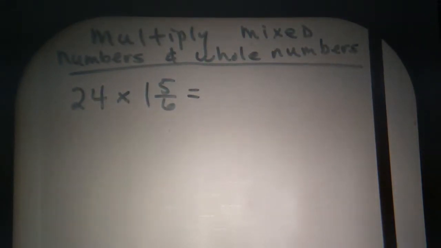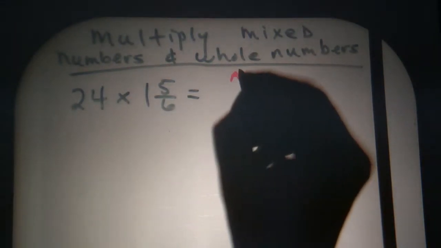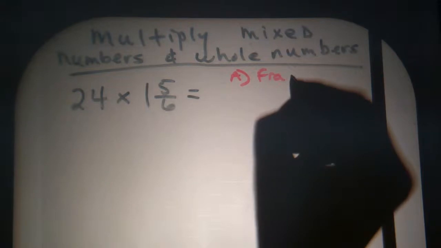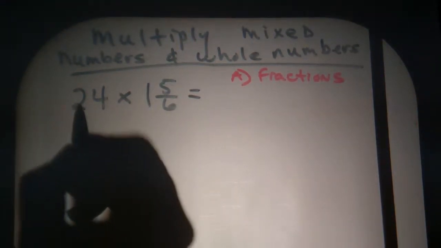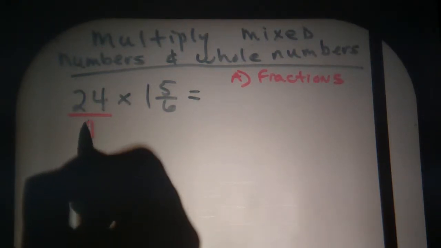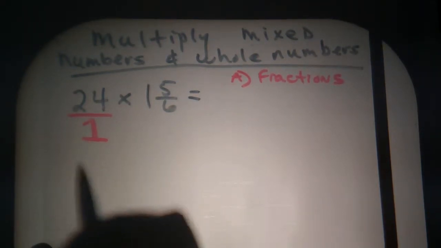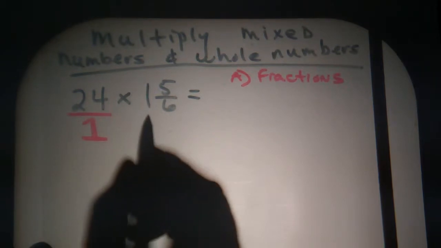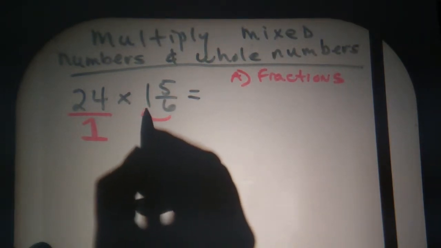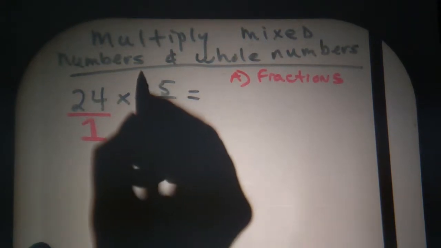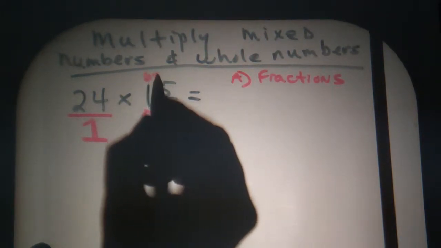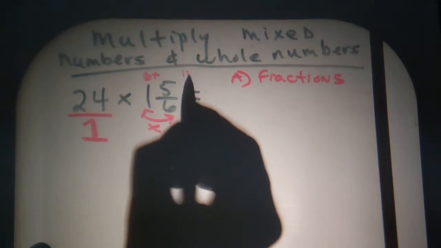The first thing I need to think is putting these both into fractions to get them ready for multiplication. I can put my whole number as a fraction just by putting a 1 underneath as a denominator. With my mixed number, I multiply my denominator of 6 times 1, which is 6, then add the 5, 11.